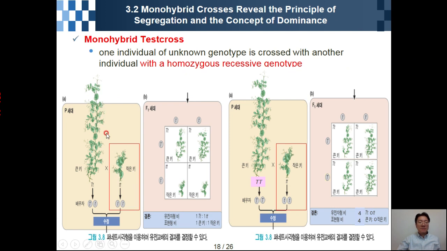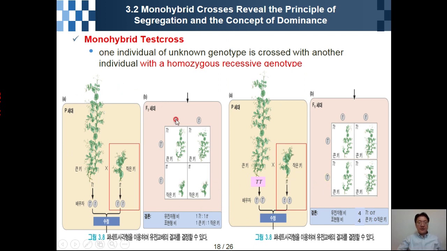For example, this P shows that the phenotype is tall, but we don't know the genotype because it can be large T large T or large T small t. So one individual of unknown genotype is crossed with another individual with a homozygous recessive genotype, small tt.